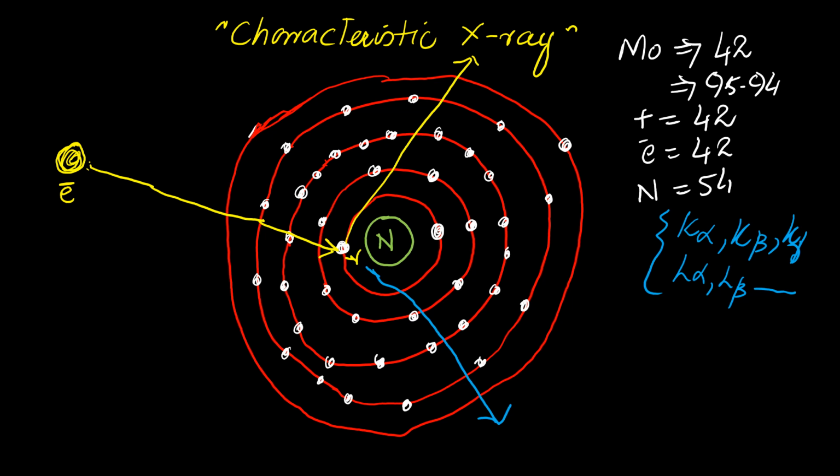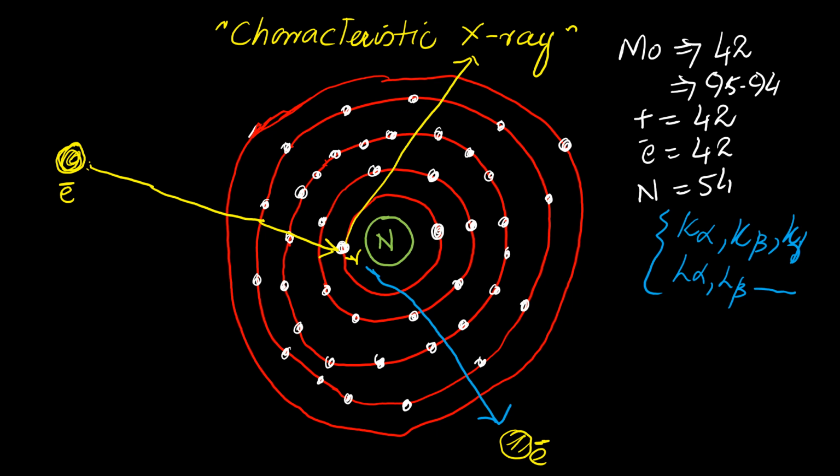So this incident electron, when it falls on the inner shell, creates a vacancy in an inner shell. This vacancy will cause the molybdenum atom to become unstable. In order to make the atom stable, electrons from higher energy levels are needed.